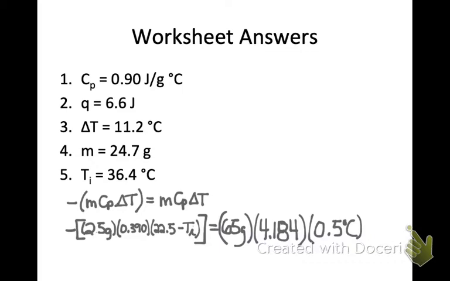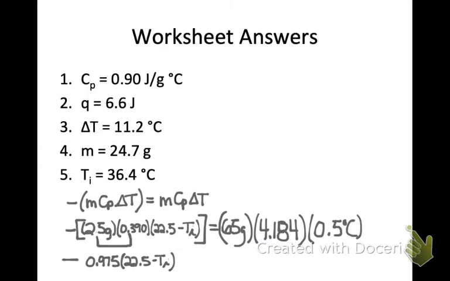This is a challenging algebra problem. What I did is keep the negative sign here, and I multiplied these two quantities together, and that gave me 0.975 multiplied by the quantity, like so.